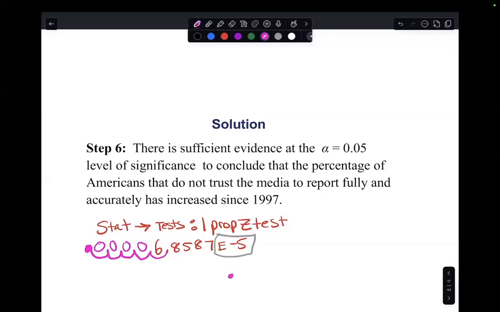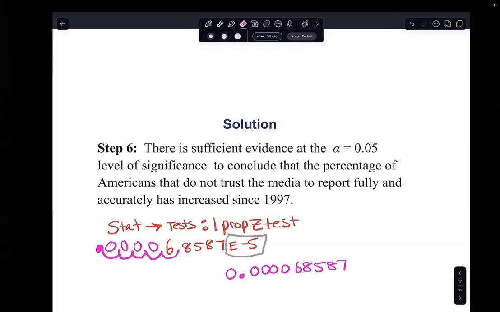So this number is 0.000068587. This is a really small number. This is practically 0. There's practically a 0% chance of getting a sample like that if the true proportion was 46%. Have any questions? Okay, good.